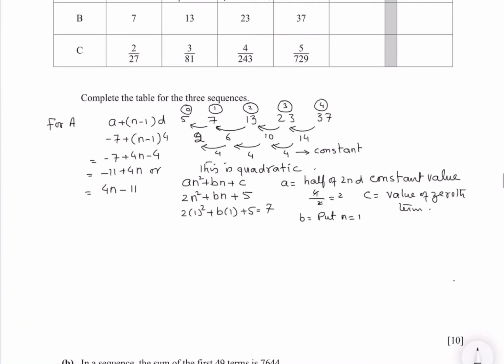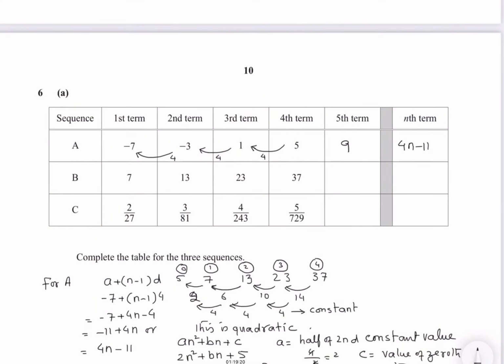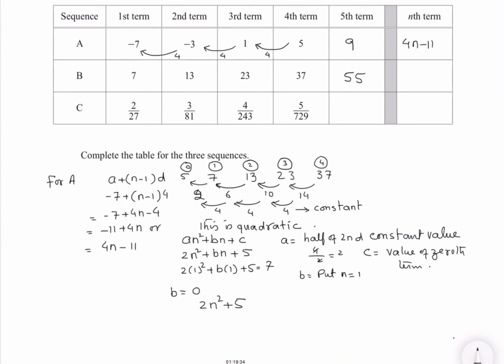Now solve it for B. So B equals 0. So your nth term formula became 2n square plus 5. And the fifth term you can find by adding 10, 14, then you add 18 in 37, you will get the fifth term. And the nth term was 2n square plus 5.